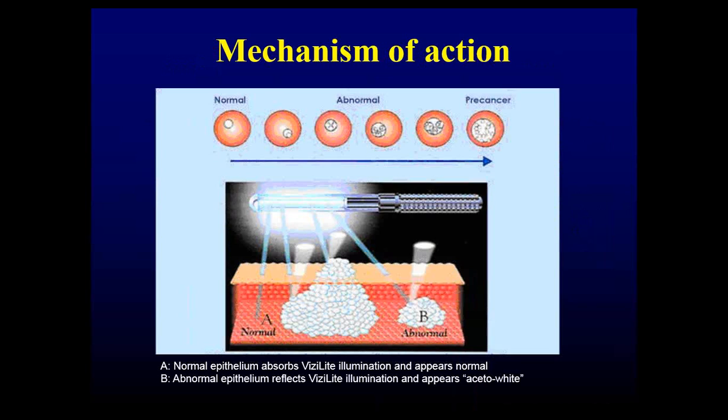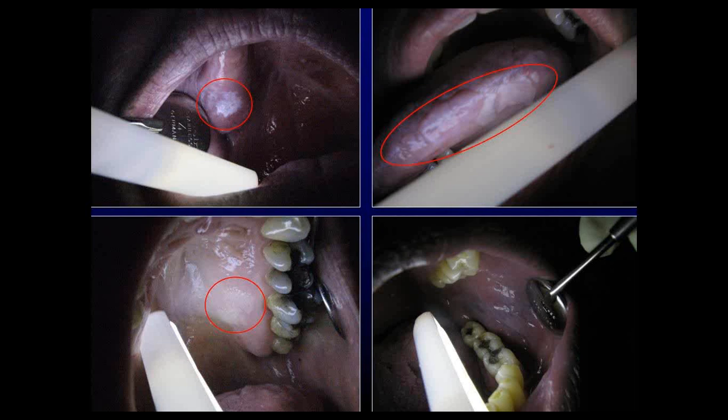And what happens, the normal mucosa or epithelium tend to absorb this light and appears normal, whereas if any abnormal epithelium is present, it tends to reflect the illumination, as a result appearing brighter, and the term which is being coined is called acetowhitening.